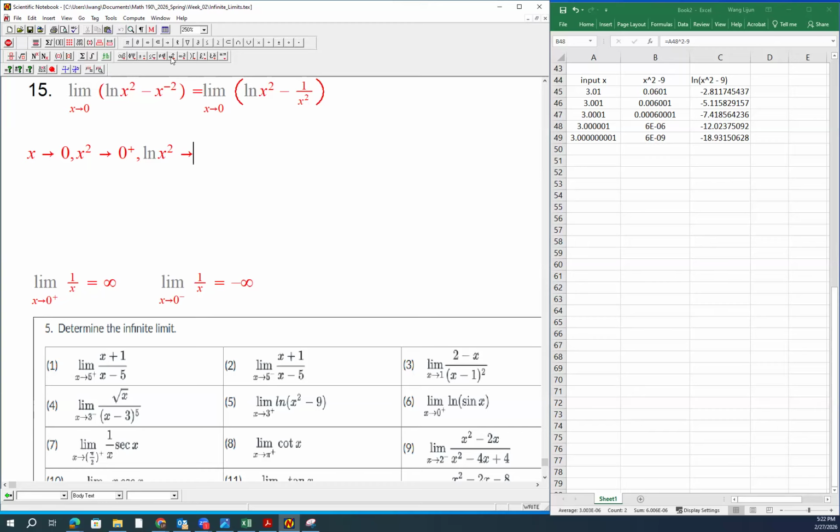How about 1 over x squared? Since x squared approaches 0 from larger than 0, this approaches positive infinity. So we have a negative infinity minus a positive infinity, and therefore this limit is going to be negative infinity.